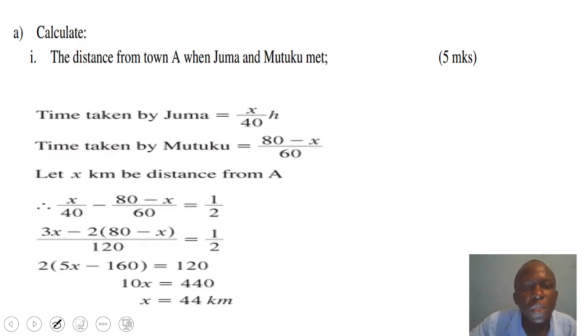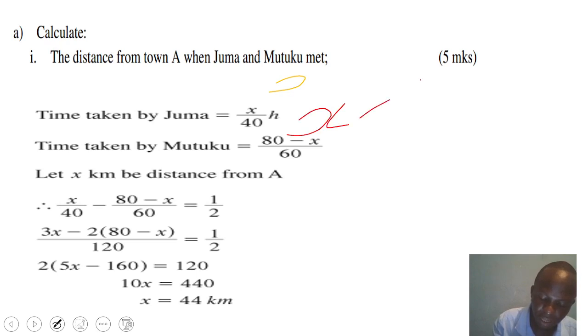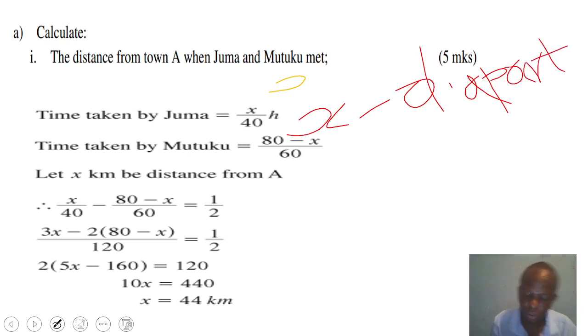Now, also something else to note is that the time taken by Juma is x over 40, since we have said x is the distance between the two. So let us call x the distance apart, the distance separating the two individuals.